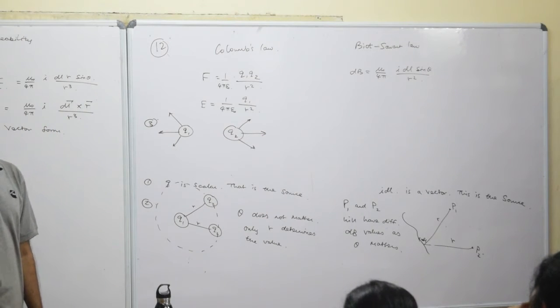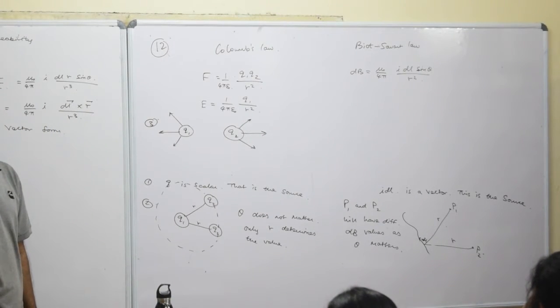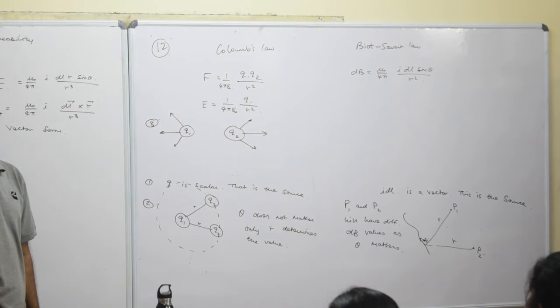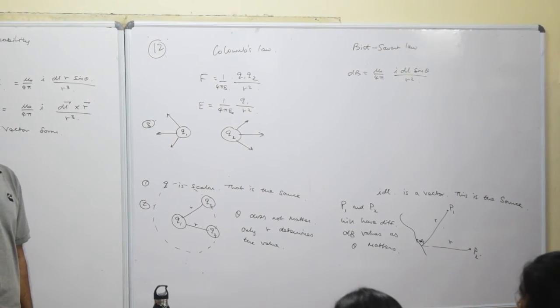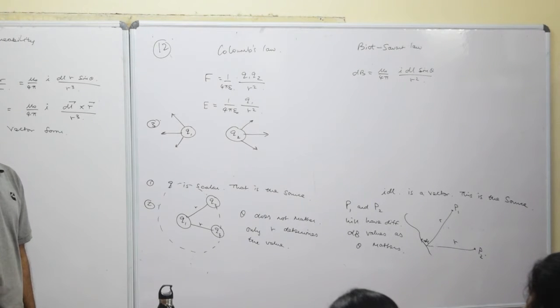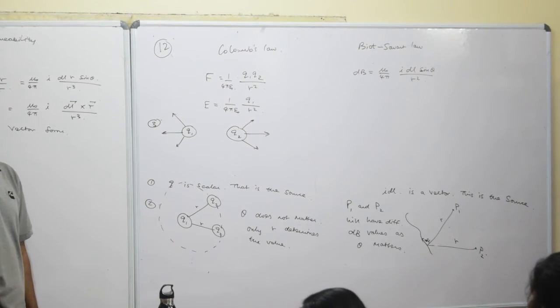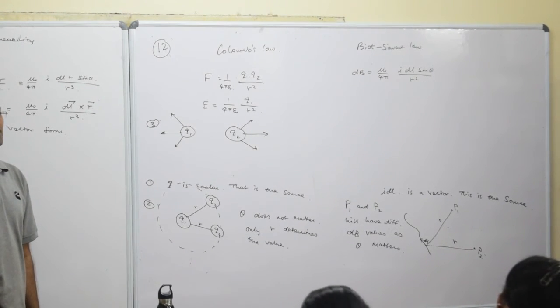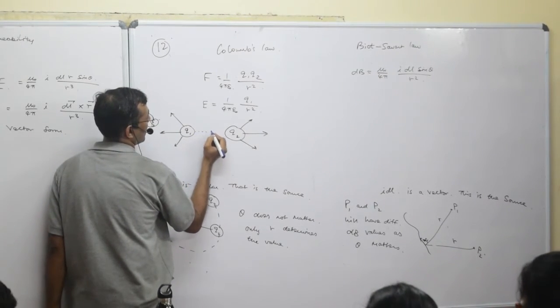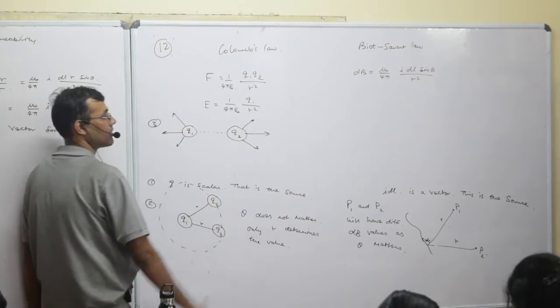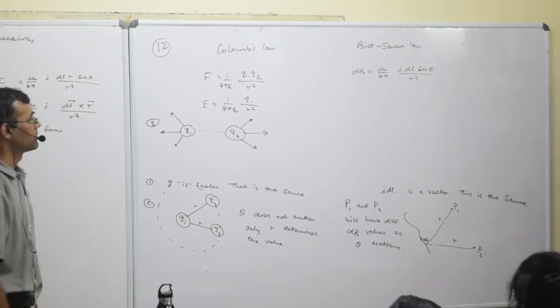The third one, how do you call that? Linear? Sometimes you will understand it, but if you don't know how to express it, you will not be able to write it properly in the exam. So this you would call it as the line joining the two charges.